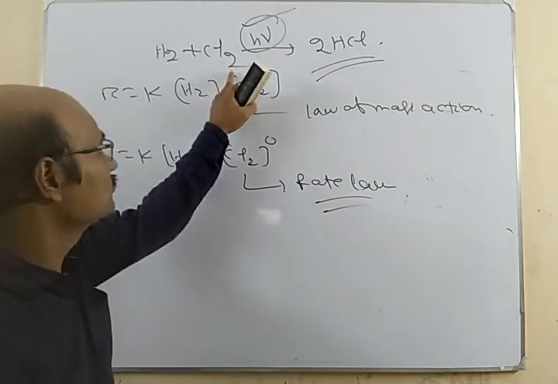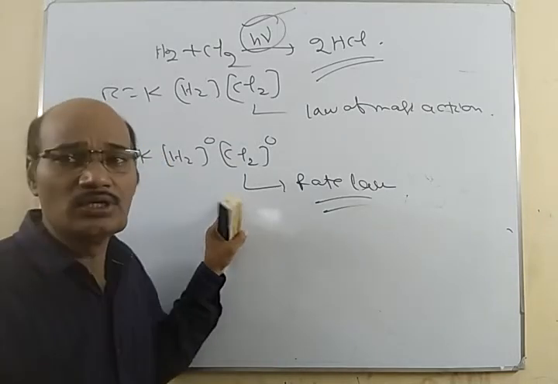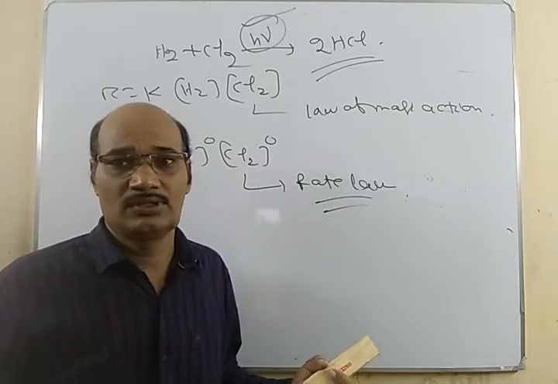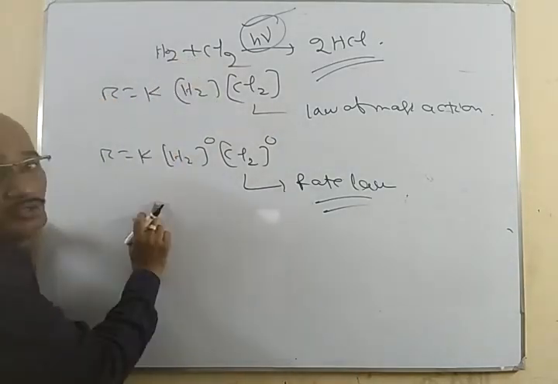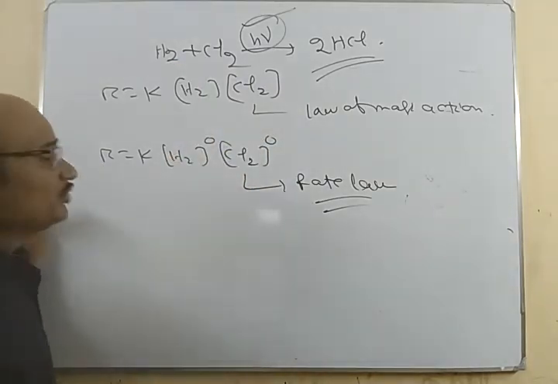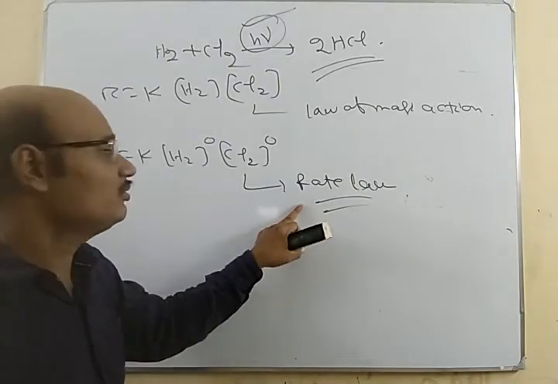that in this reaction if we change the concentration of the H2 and Cl2, then the rate of the reaction is not changing. That means the rate of reaction is not depending upon this H2 and Cl2. H power 0, Cl power 0. So this is experimental, okay, and this is called the rate law.